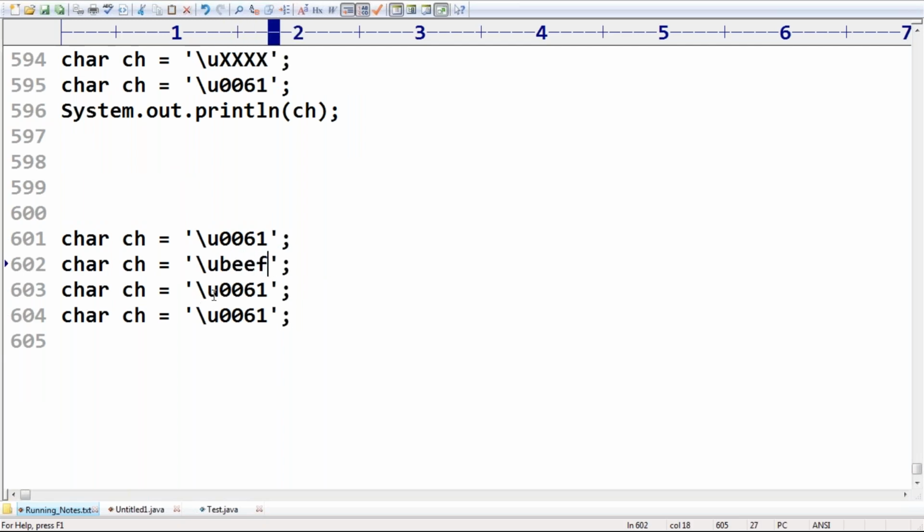They are going to take \u followed by A, B, C, D. Sir, it's valid. Next, they may provide in this style. You have to take a bit special care.